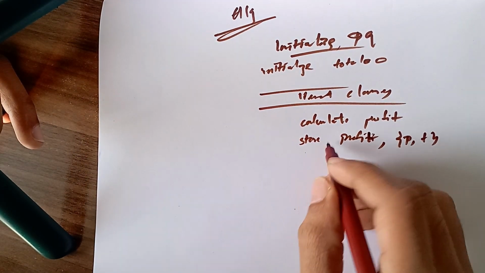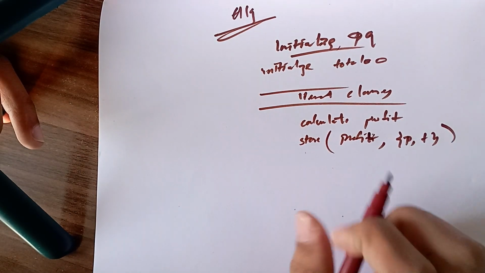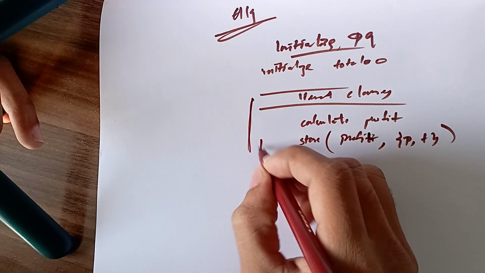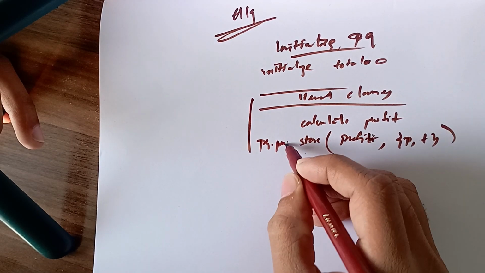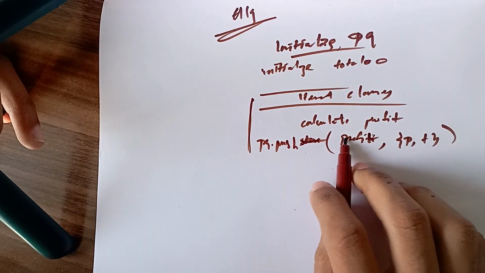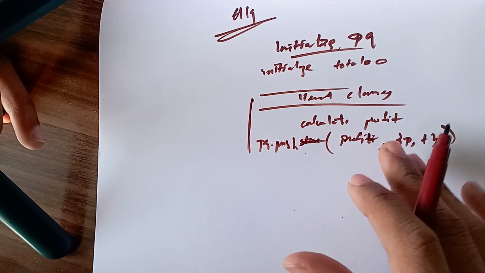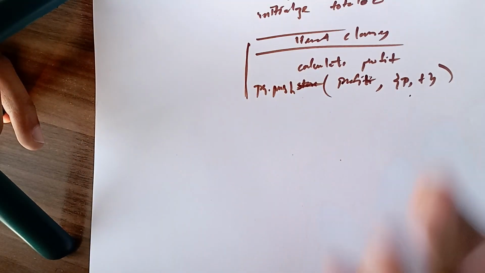So this will be stored in our priority queue. We will be storing profit and the class.